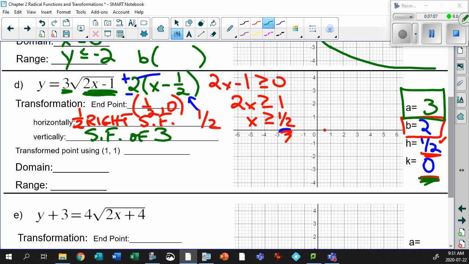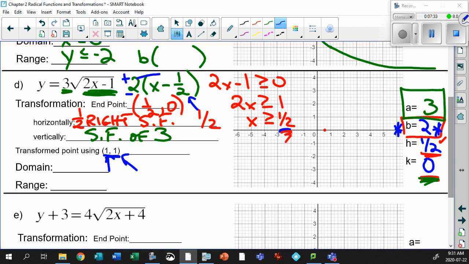So how is this going to affect our point 1, 1 so that we can actually graph this thing and make it look cool? Well, remember, these are our x coordinates and those are our y coordinates. So let's apply all the x coordinates. Stretch, reflect, then translate, SRT. So there's our stretch of 1/2.